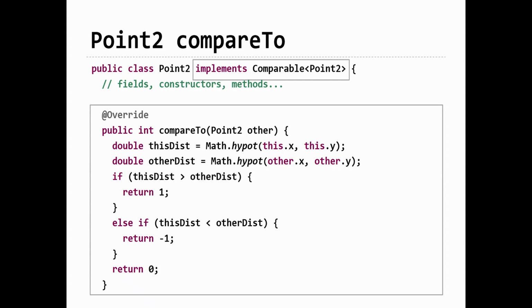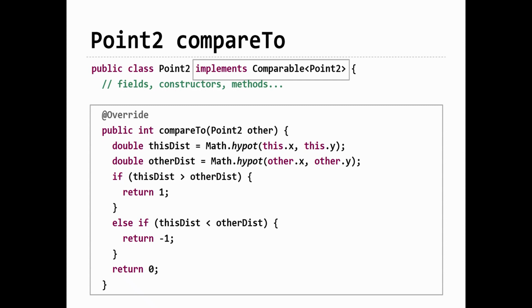yourself. Because if you compute x squared plus y squared, it's possible for the powers and the sum to go out of range for your type. So for example, our x and y are doubles. If you have a very large double value x and you square it, that can become positive infinity.